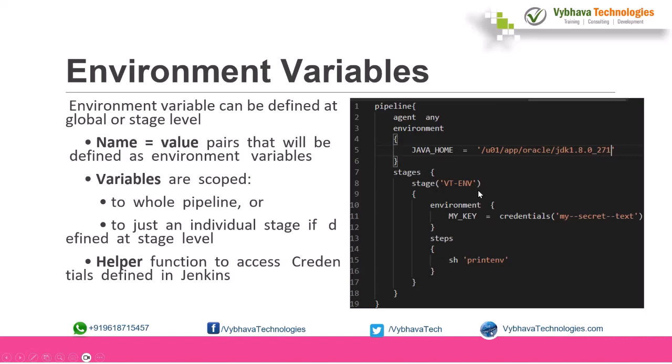It's a string. Remember this point. And for steps, if you have a single step, then you can directly write the step. And if you want multiple, then you can go with the steps block like that.